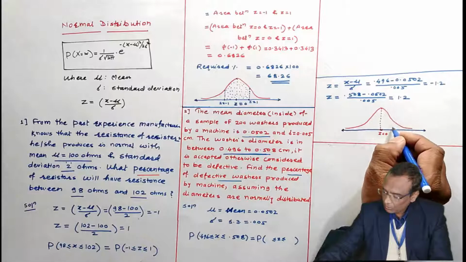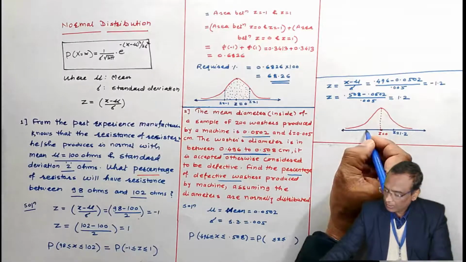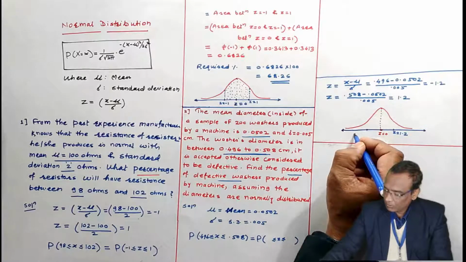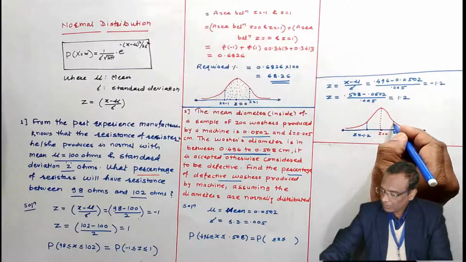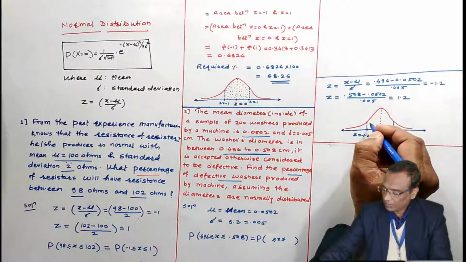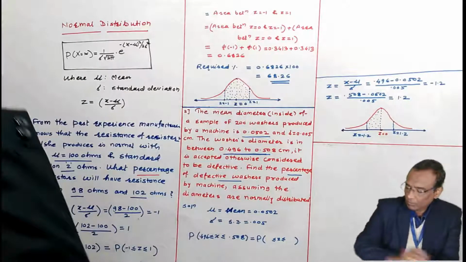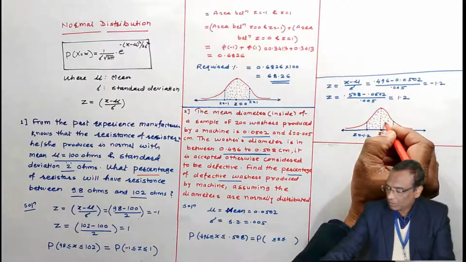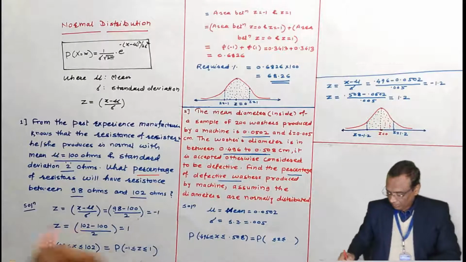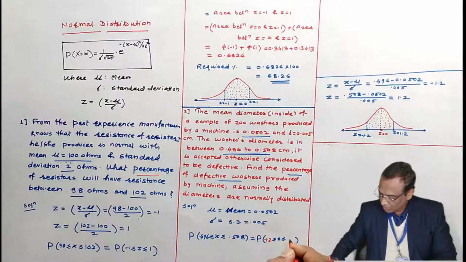For this point, Z equal to 1.2, and exactly with the same distance, Z equal to minus 1.2, and we want the area between Z equal to 1.2 and Z equal to minus 1.2. This dotted portion under the normal curve I want. Now, this is between minus 1.2 and plus 1.2.